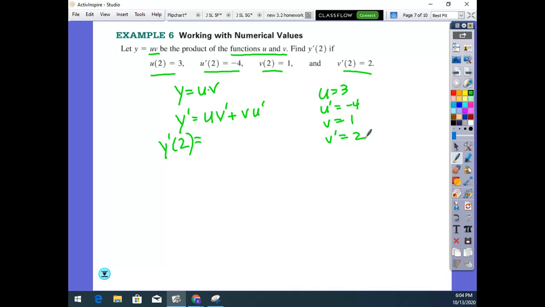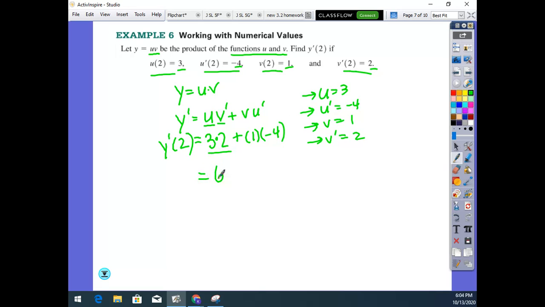So I'm just going to focus on these numbers here. So u is 3 times v prime 2 plus v 1 times u prime negative 4.